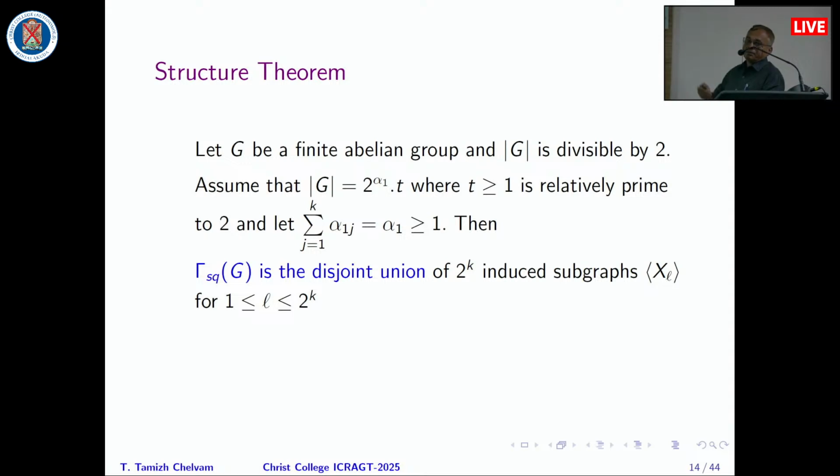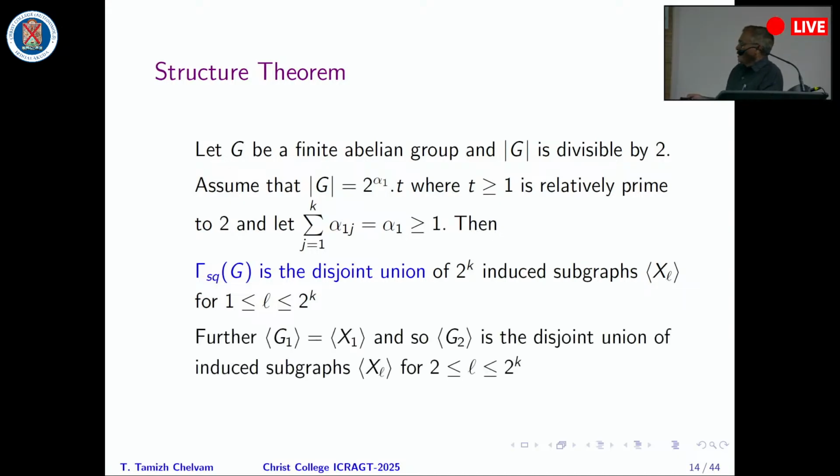In the previous slide I defined what XL is. It is a particular type of direct product as per the group structure, and as a graph it is a disjoint union of these. And of course this G1 is spanned by X1 and G2 is the union of the remaining.